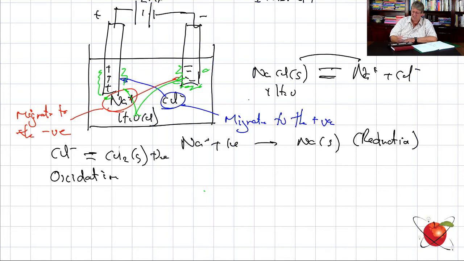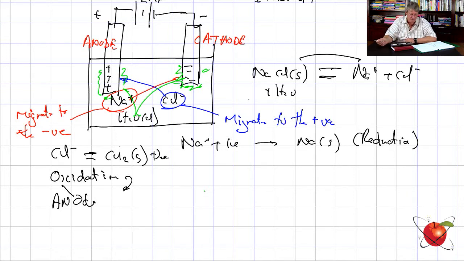Can you see what I'm doing? I haven't labeled my electrodes yet. So I've said it's oxidation, and the next step means it must be the anode, right? So I can now go up and label them: you are the anode and you are the cathode. So the oxidation side is the anode, and the other one is the cathode.